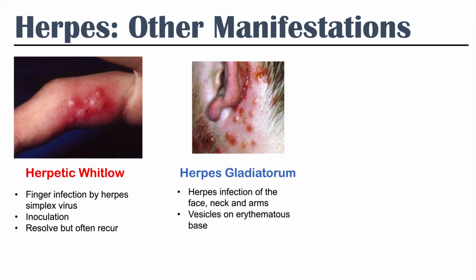And again, you get vesicles on an erythematous base, just like we said before with oral herpes. And in this case, this herpes gladiatorum occurs in wrestlers and rugby players. So herpes gladiatorum, gladiators. You can think of gladiators, people that have physical contact with each other.